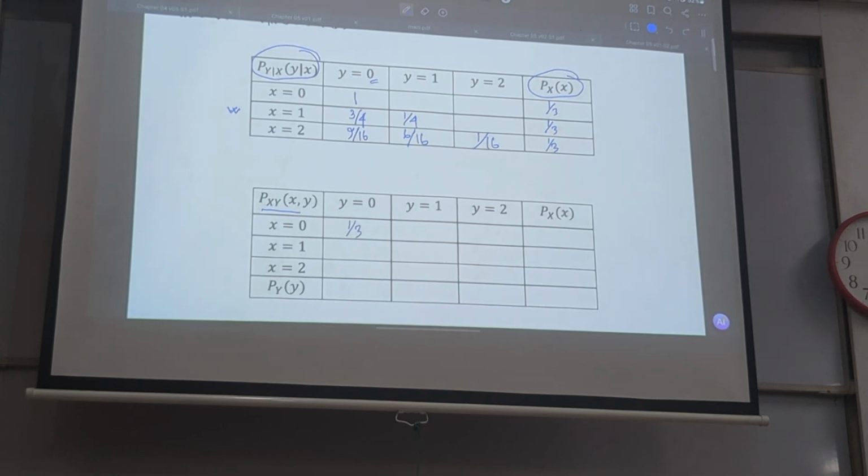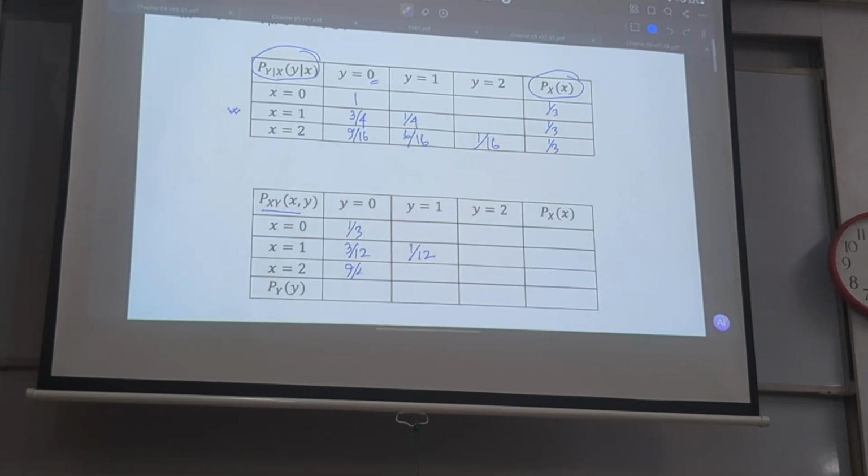So what will be the joint PMF of x and y? 1/3, then it will be 3/12, 1/12, then 9/16. Sorry, my mistake. 9/48, then 6/48, then 1/48.